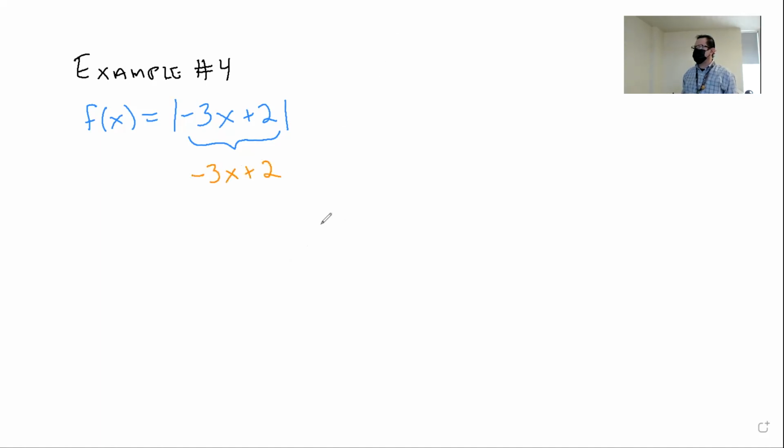And so let's remember a little bit about our graphing, okay? First off, we're going to have a minus 3x. Now, minus 3x, first off, we know that x is a line.